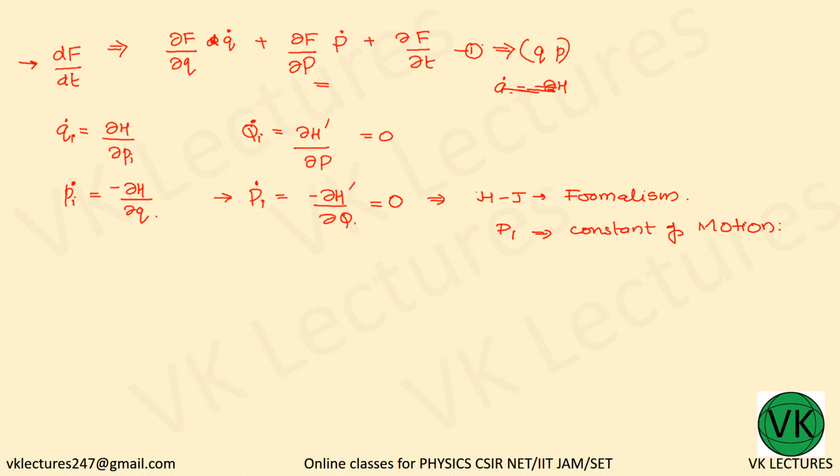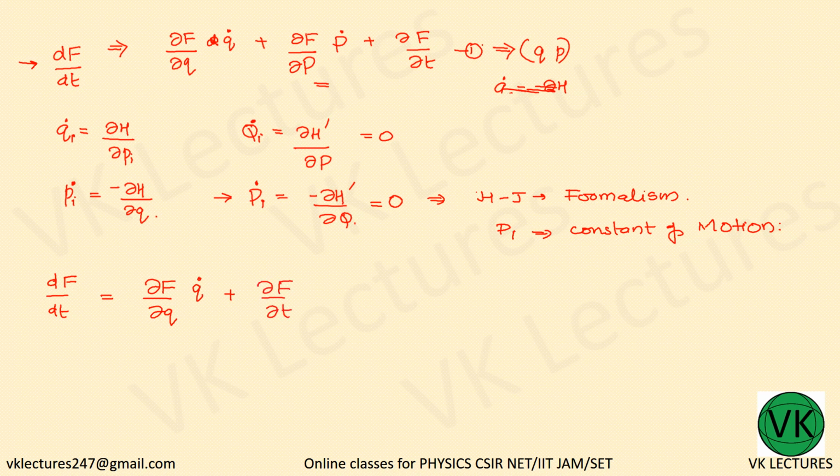This value is substituted here, so P dot is equal to 0. Now we can write dF/dt equal to ∂F/∂q times q dot, plus the second term becomes 0, and now we have ∂F/∂t.